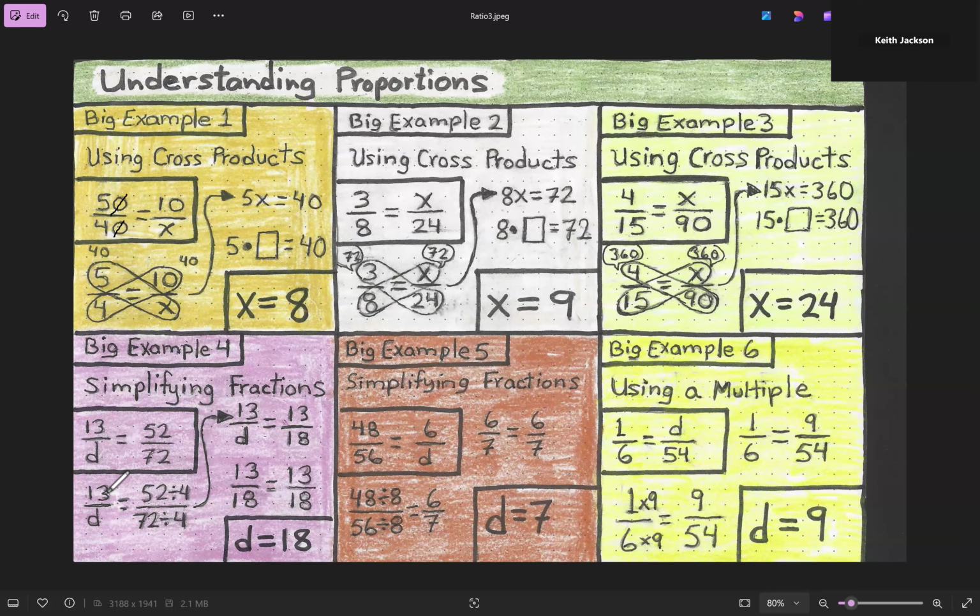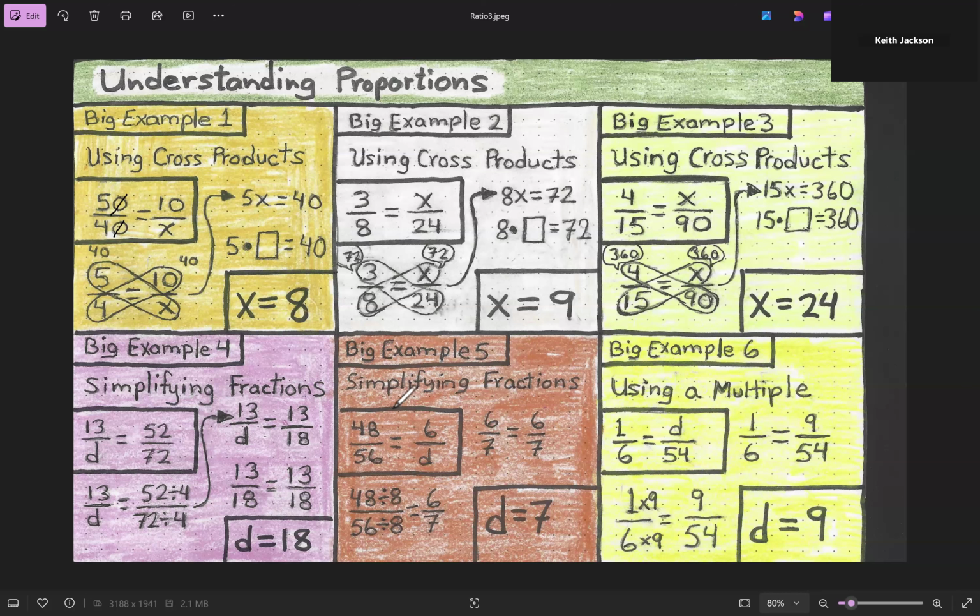Since we have a 13 here and this unknown number right here, and we know that 13 is already in the numerator when we simplified 52 over 72, and we know right here is 18, D has to be 18 because 13/18 has to equal 13/18. That just lets you know that D has to be 18.